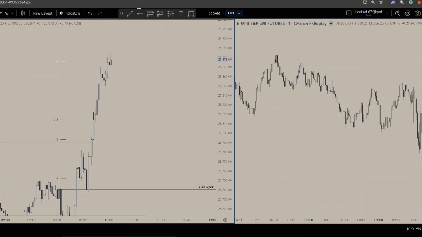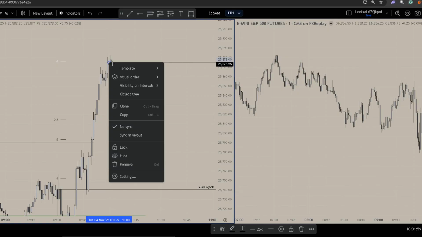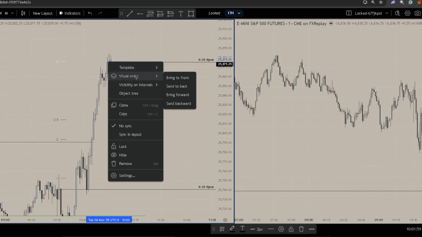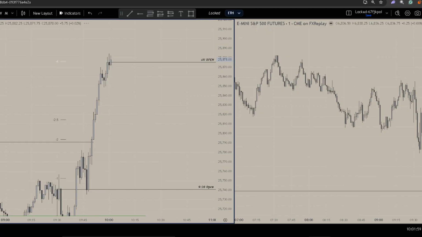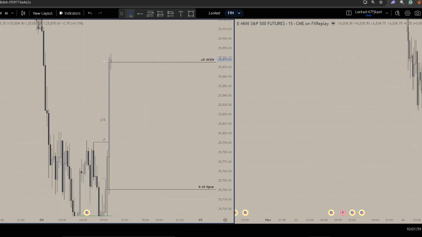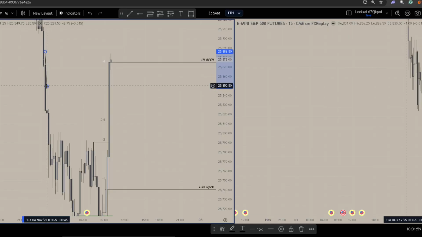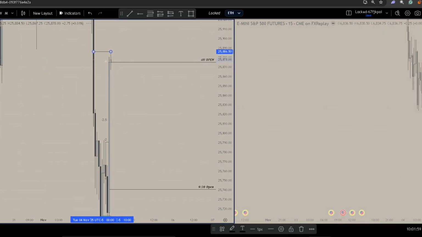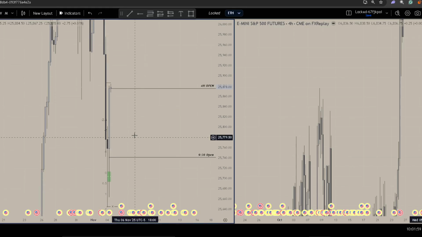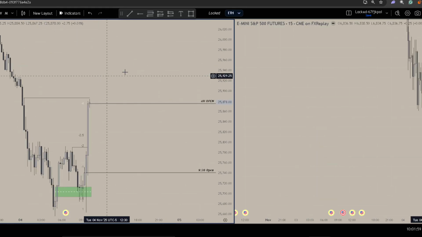Boom, 10 a.m. open. Let's see what happened. Are we going to continue pushing higher, or are we going to reverse? 10 a.m., we're shooting for this 15-minute high. Let me see higher time frame, any other highs. Okay, so no, 15-minute high.